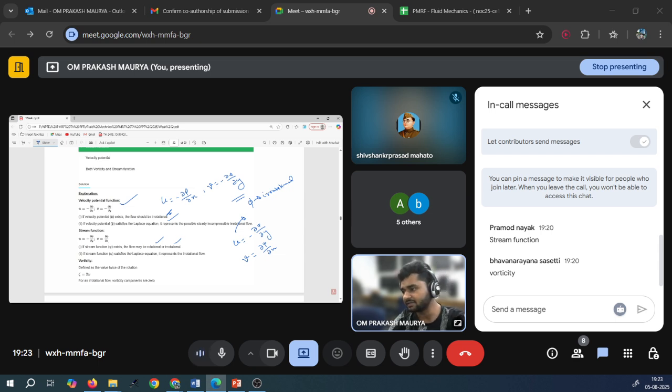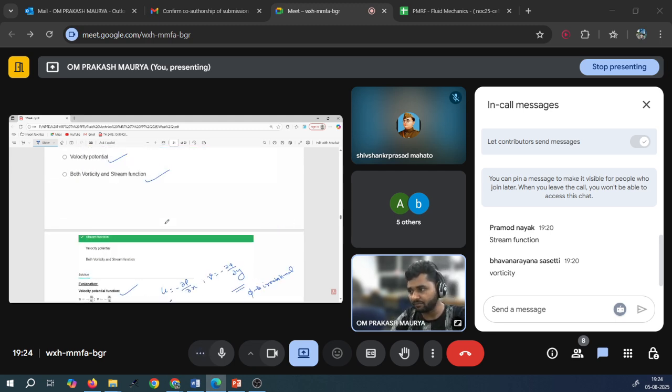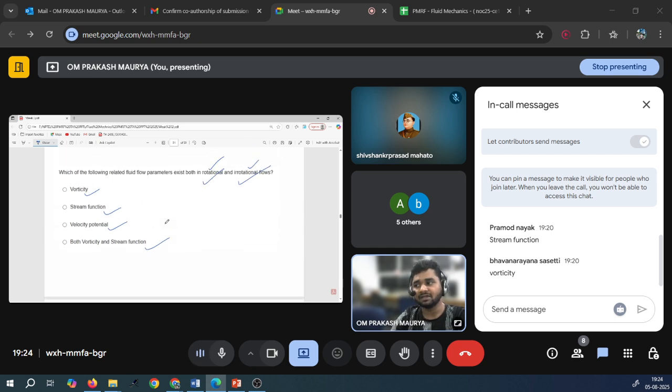Second, if the stream function satisfies the Laplace equation, it represents irrotational flow. So if the Laplace equation is satisfied, whether by the potential function or the stream function, it represents irrotational flow, but the stream function, if it exists, may be rotational or irrotational. So the best appropriate answer here is stream function.